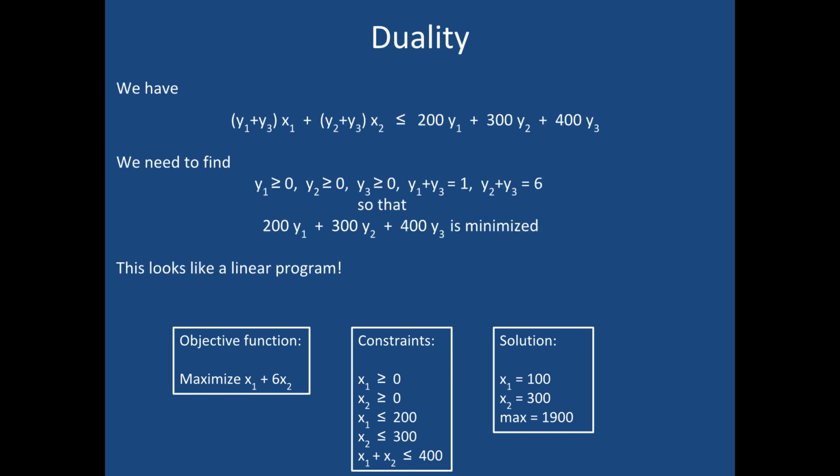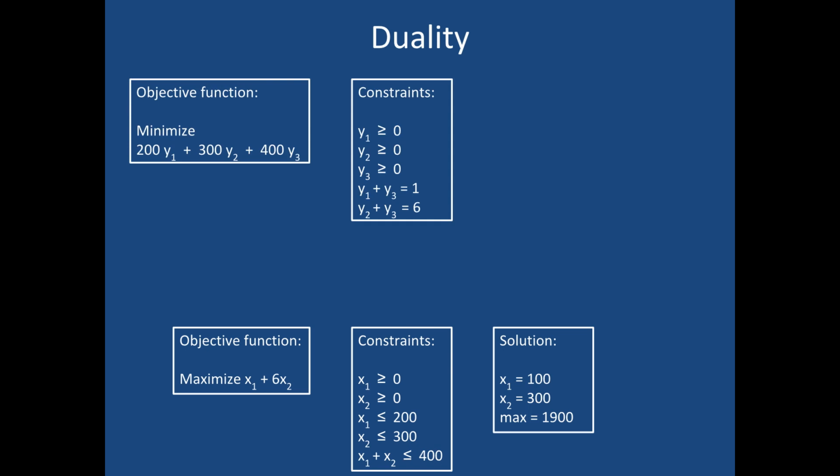So let's go on here. This was our original program, and there's our new one. There are our constraints, and here's our objective function. And there I've written it a different way.